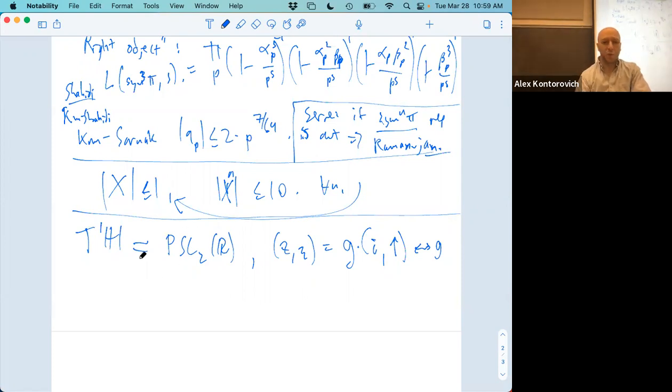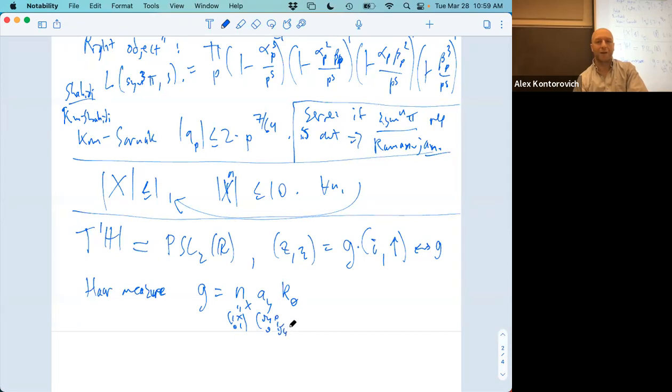We also wrote down coordinates. So we wrote down a Haar measure. Thinking about this identification, we wrote down a Haar measure from the Iwasawa decomposition. So if g is n_x a_y k_theta, n_x is (1 x; 0 1), a_y is (root y 0; 0 1 over root y), and k_theta is (cosine theta, sine theta; negative sine theta, cosine theta).